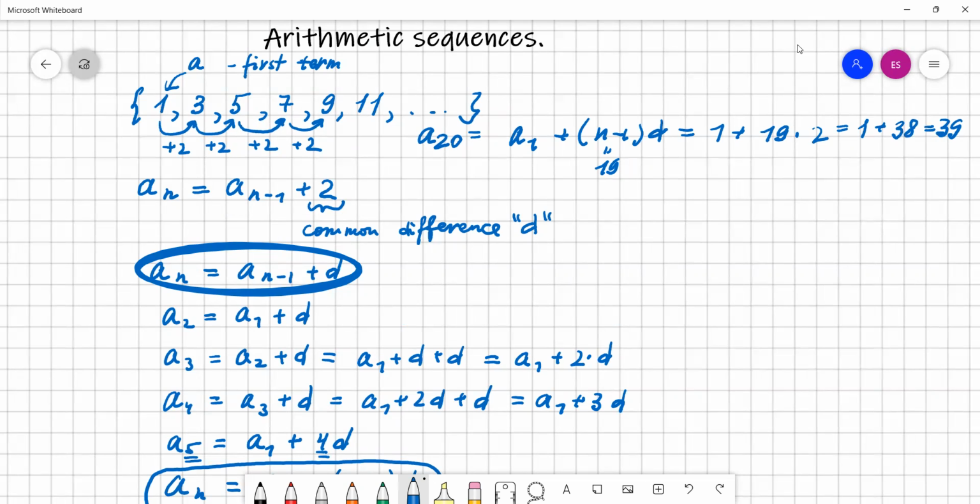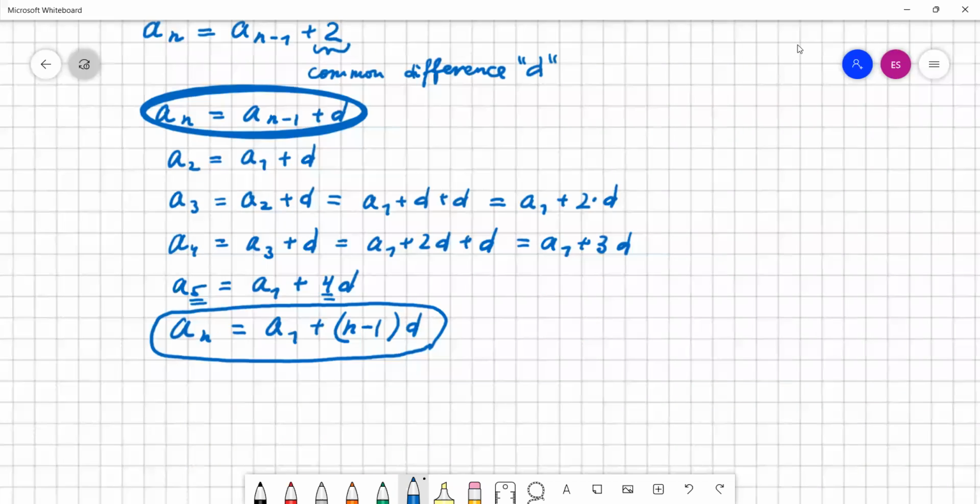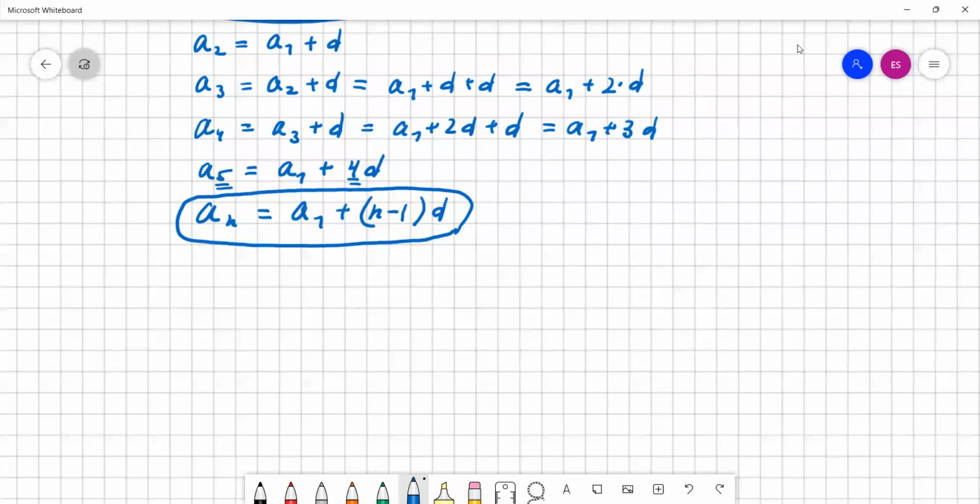Okay, very good. Now, maybe we can practice a little bit in finding terms. So let me give you a problem. For example, the first term of a sequence equals 5. D is equal to 10.